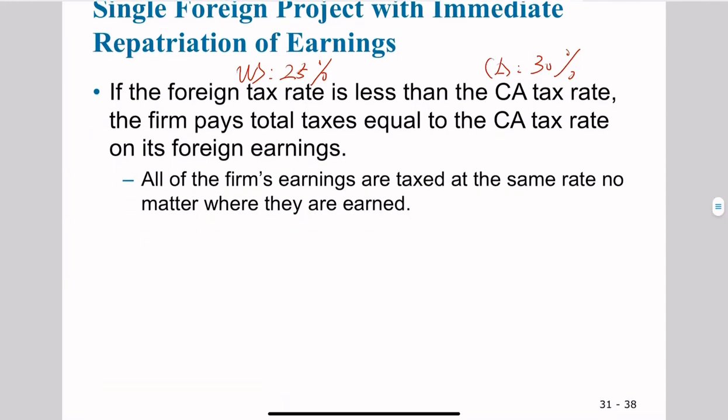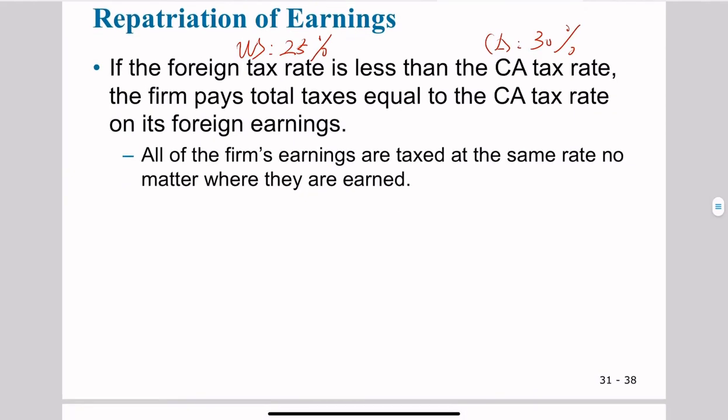Okay, let me give you an example. So let's say we are looking at a Canadian firm, right? And then it has a subsidiary in the US. So let's say this US subsidiary repatriates $100 million back to this parent firm in Canada.